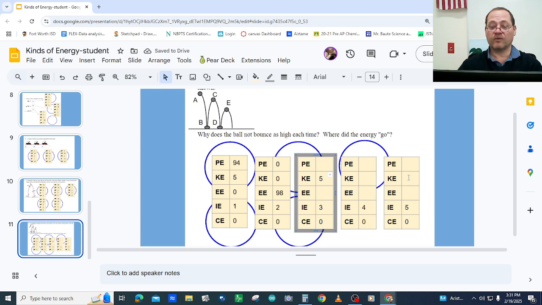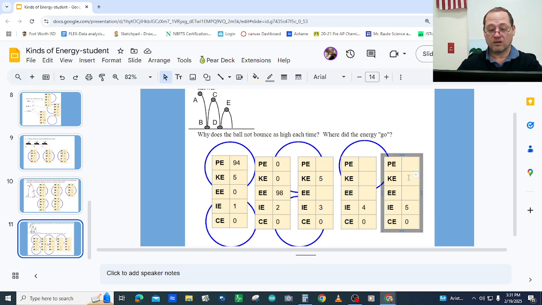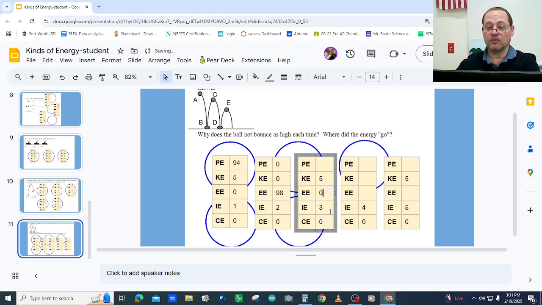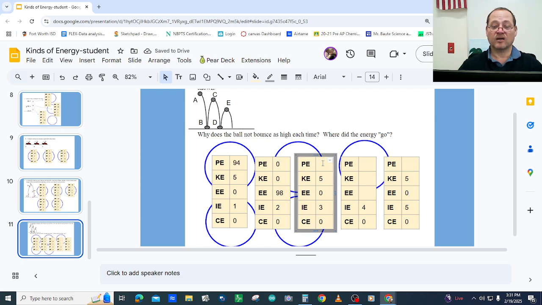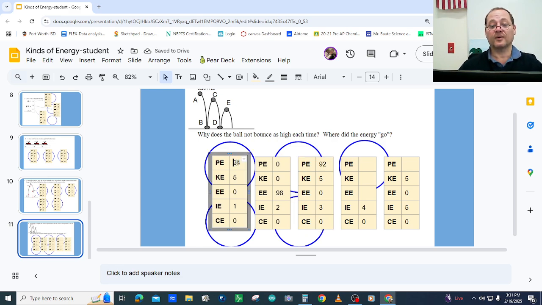And by the way, for E, it should also be 5 for kinetic energy. Since point C is not colliding, this is 0 elastic energy. Say for point E, 0 elastic energy, and then we can assign a value for the potential energy. So we're talking about 100 minus 8, right? 100 minus 8 is 92%. Compare that to 94. That's why it's not as high.